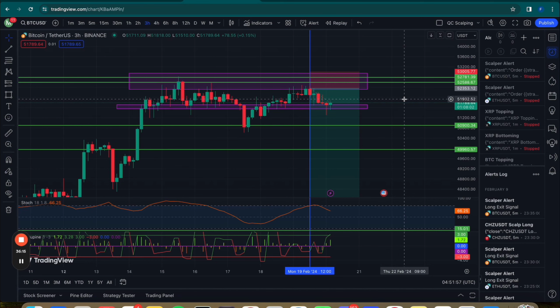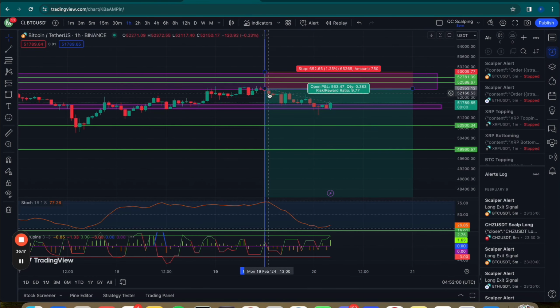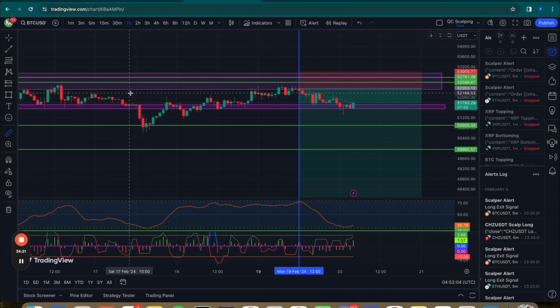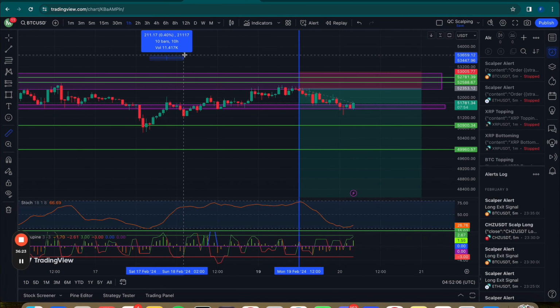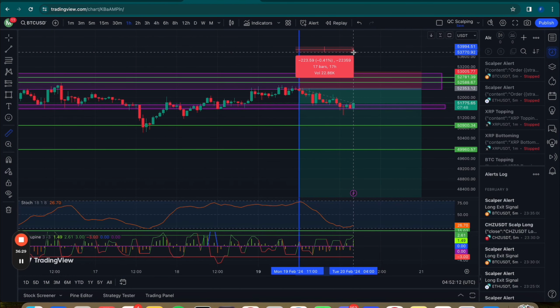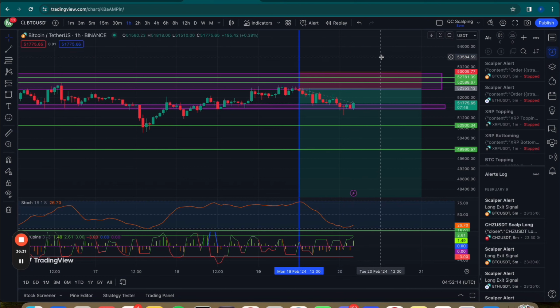Regardless, it's going to take a couple hours for the 1 hour to top out. Let's just see how long this move usually takes. We can literally measure it from bottom towards top, 18 hours. From top towards bottom, 17 hours, right? So, we have time, right?